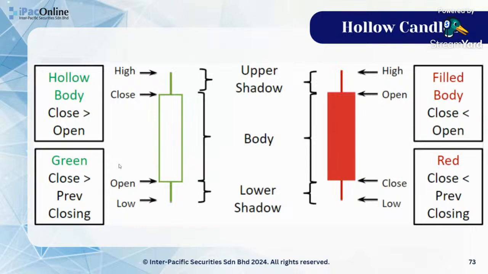So if we are seeing a red hollow body candle, it is telling us that the share price closed higher than the opening, but unfortunately it is below the previous day's closing. Meaning the candlestick for that share is still in negative, still closed lower compared to the previous day, but it closed higher than the opening price for a red hollow body candlestick.